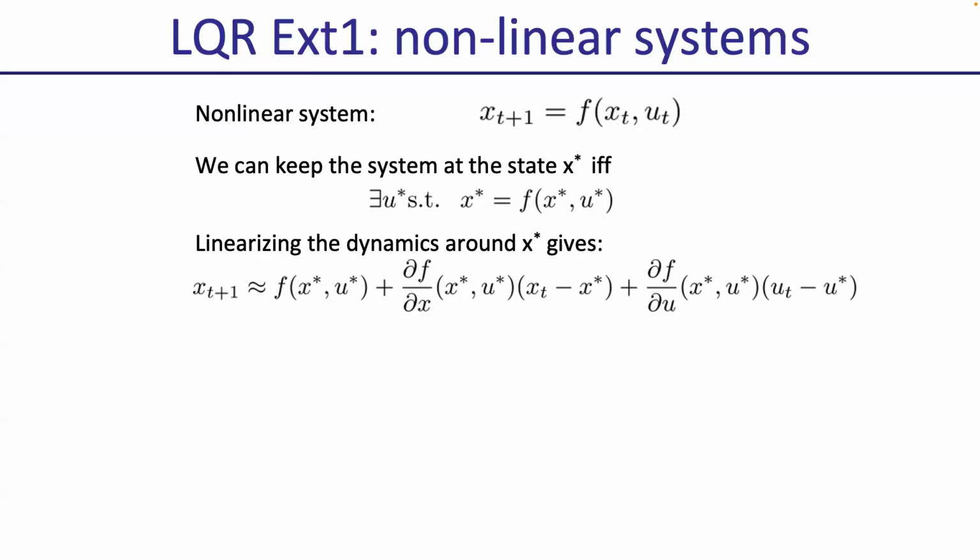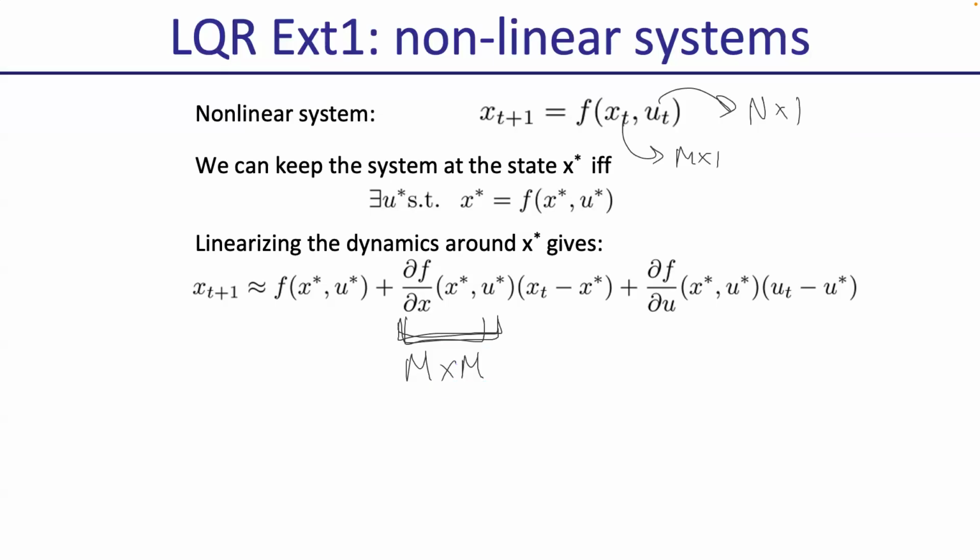Now, these are a little hard to visualize, but these are essentially matrices. Let's say your x was of dimension m by 1 and your u was of dimension n by 1. This is going to be a matrix of dimension m by m. It's called your Jacobian.